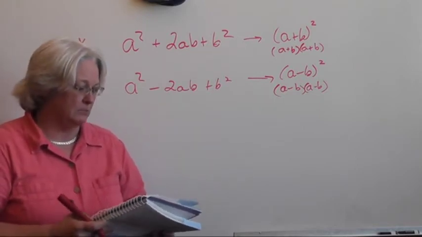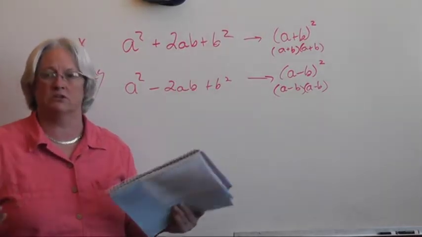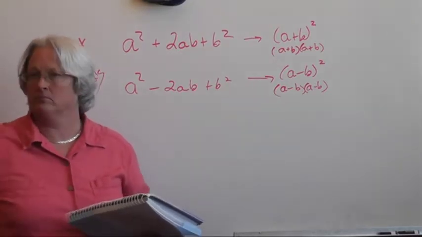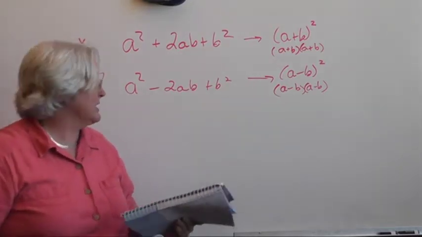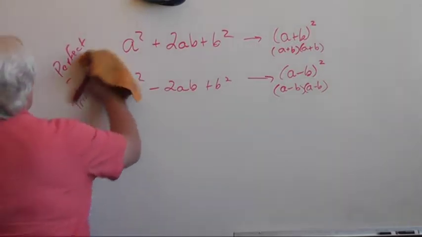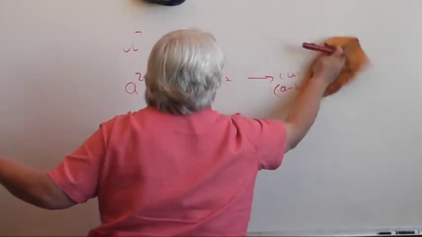Okay. So with section 1.6, it's just going to be factor these things completely. So, example number 1 is going to be a perfect example, no pun intended, of a perfect square trinomial.